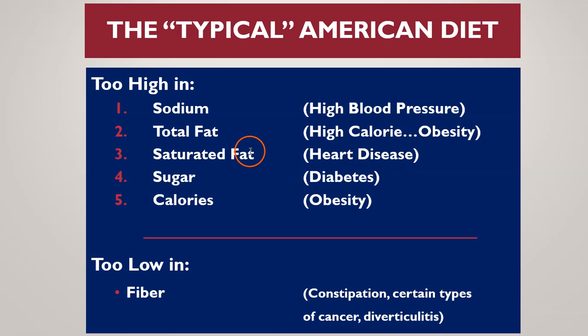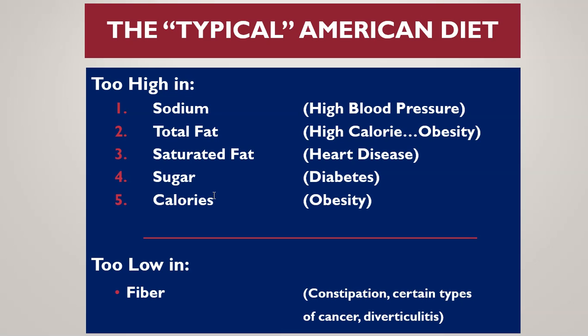Diets too high in saturated fat, again, sometimes called the bad fat, increases risk of heart disease. Number 4, diets too high in sugar. If you consistently do that, it can increase your risk for diabetes. And then diets too high in calories. Once again, we're looking at increased risk of overweightedness or obesity.